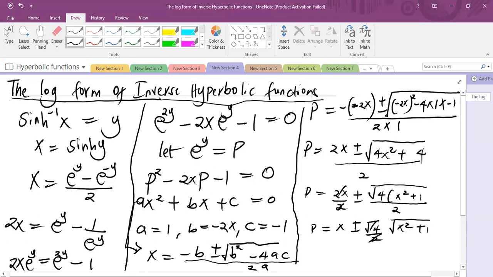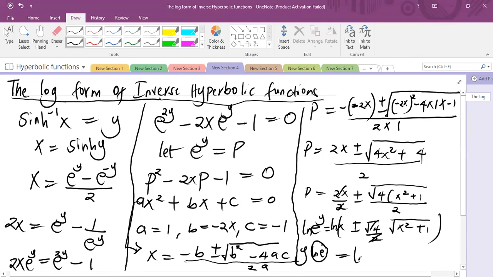But remember, what was our value of p? Our value of p was e^y. So bringing this back, this is e^y. In order for us to get the value of y, which is basically sinh inverse of x, and we needed to write it in the log form, we introduce logs to both sides of the equation. So we will have ln on this side and ln on the other side. Now, using the power law of logarithms, we can write this as y ln e. And what is ln e? ln e is 1.